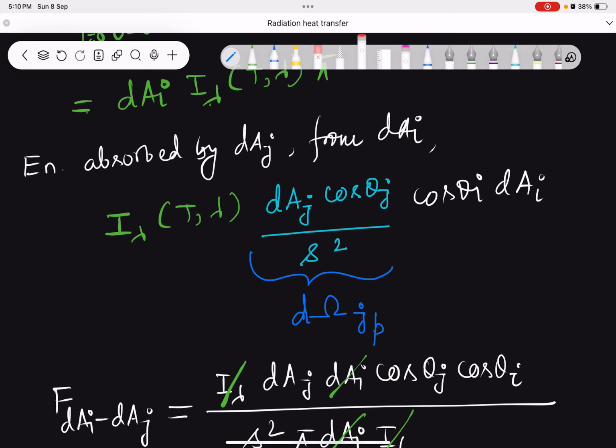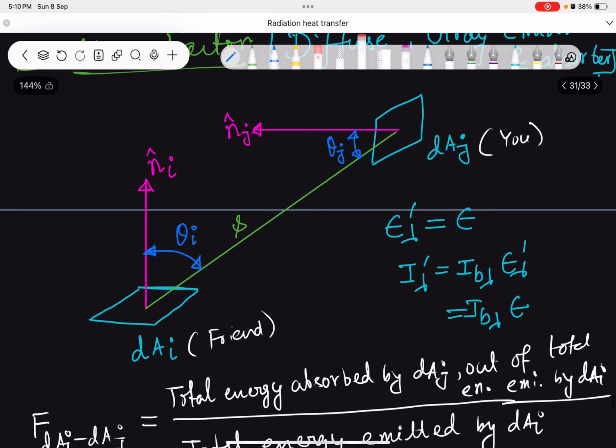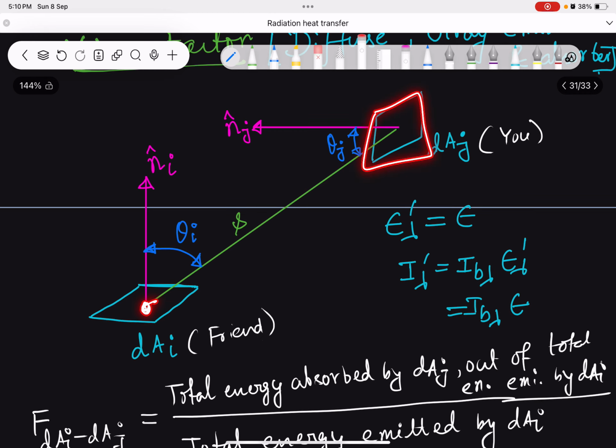Now the solid angle subtended not by dAj but by dAj projected, as I have shown you, because from this point I cannot see the whole area. I can only see this much projected area. This projected area is dAj into cos theta j, so the solid angle subtended by the projected area at this point is dAj cos theta j by S square.